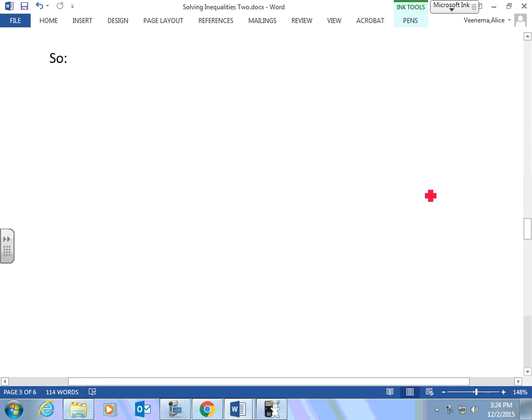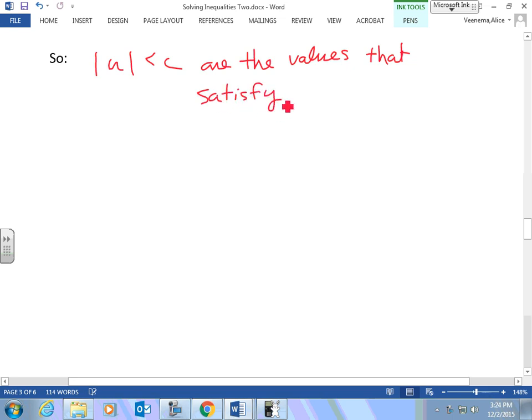So, in conclusion, we can say that when we've got the absolute value of u less than c, and that'll include the less than or equals, the solution is the values between the two boundary points. So the values that satisfy negative c is less than u, which is less than c.